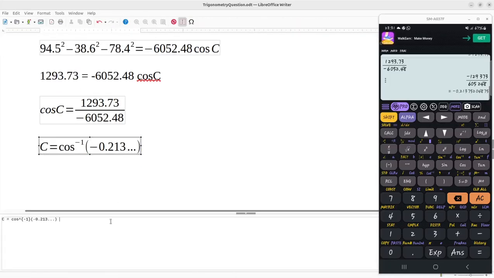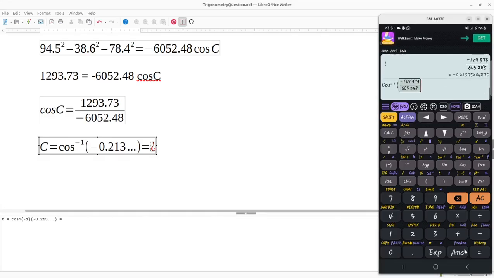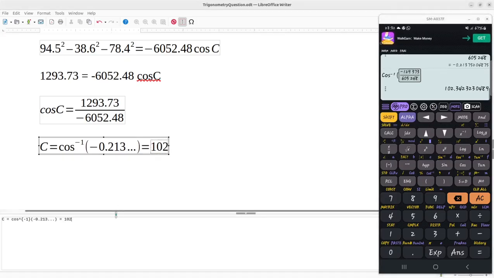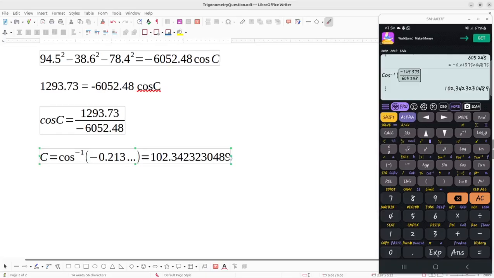this will be equal to, just come to your calculator and do the second function of cos or shift cos, Answer. This will give you 102.3423230489. Then round this to 1 decimal place.